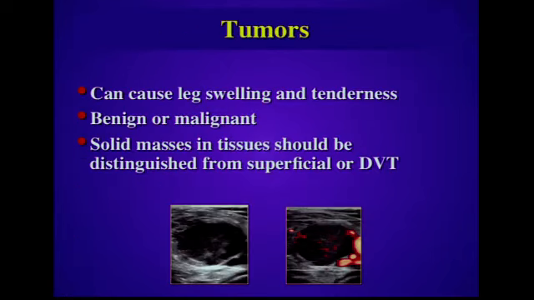One thing we must consider when we find soft tissue masses during our venous studies is the possibility of underlying tumor. Less commonly, they can cause leg swelling and tenderness, and may be benign or malignant.